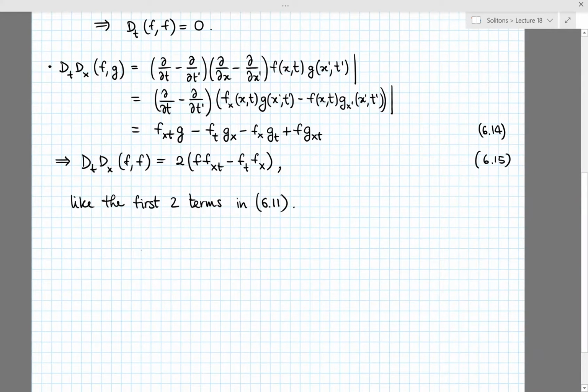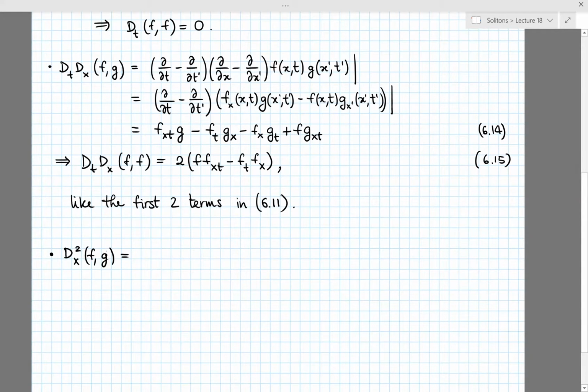But before we look at that, let's consider a final example, which is D_x squared acting on the pair of functions f comma g. And we don't need to repeat the calculation. What we can do is simply to replace subscript t for derivative with respect to time in 6.14 with subscript x for derivative with respect to x.